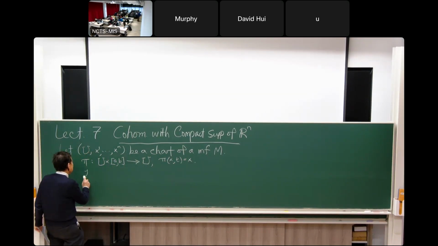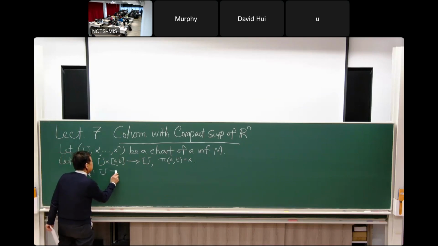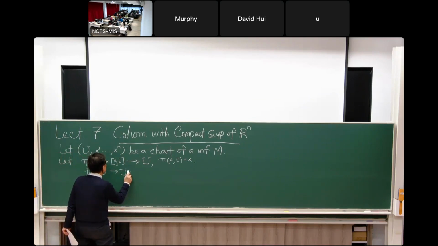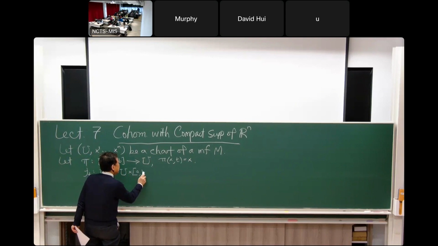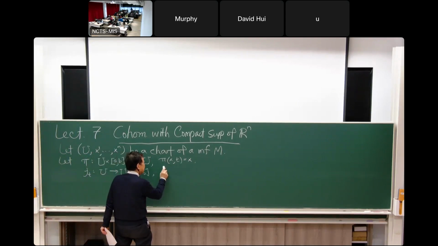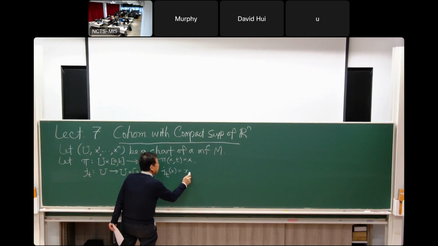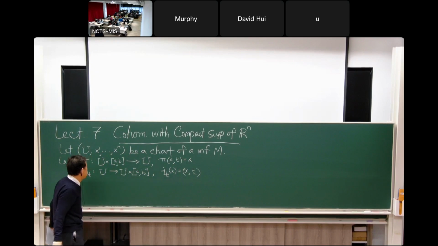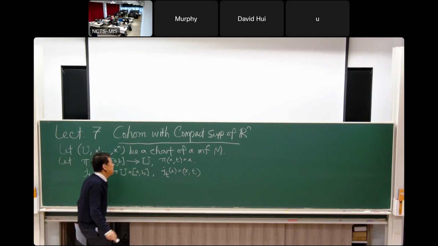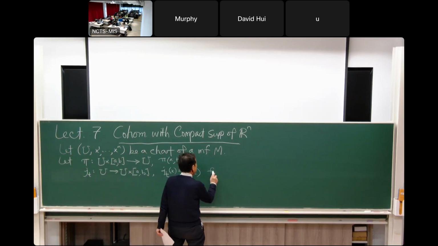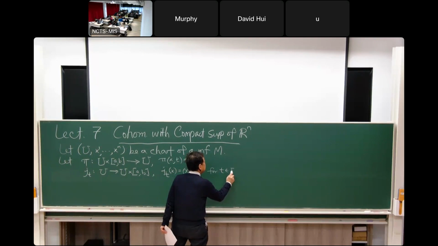Okay, and then we define the inclusion map going the other way. j_t of x is (x,t), for t in [a,b].